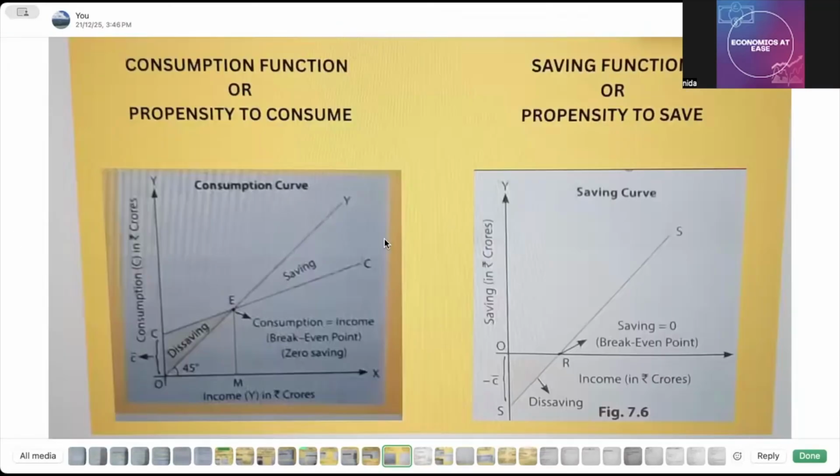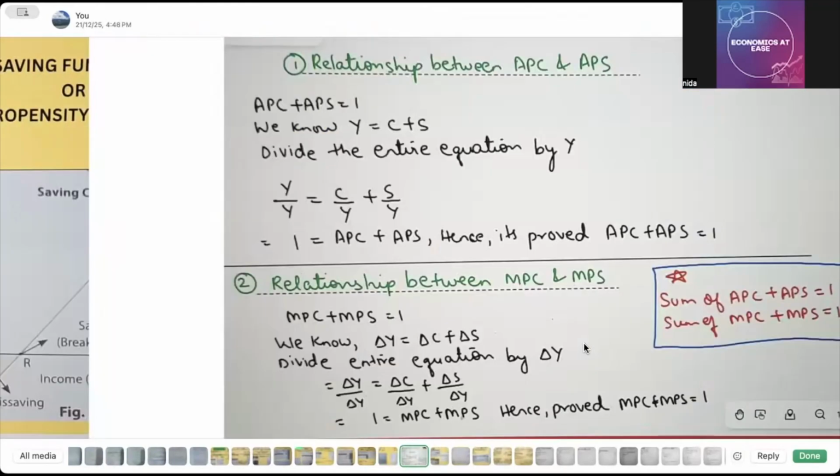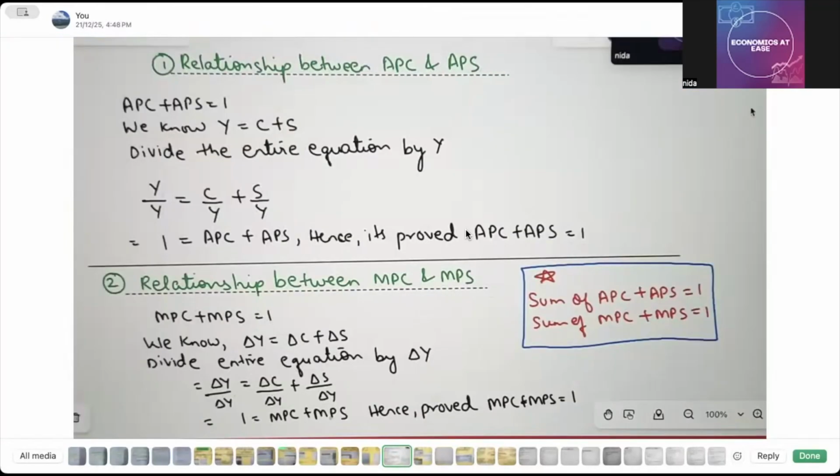Now, these are the main important consumption function and saving function diagrams. You can go through them and see the break-even point of the consumption curve and the break-even point of the saving curve. Next is the relationship between APC and APS.